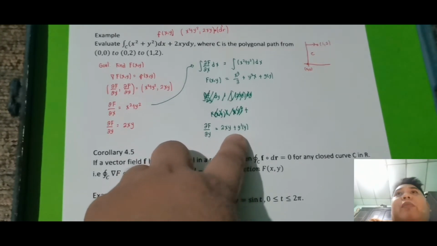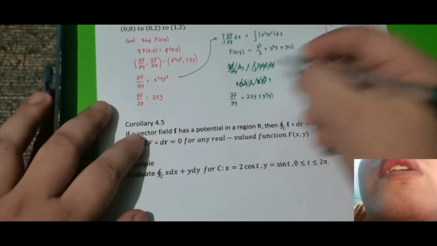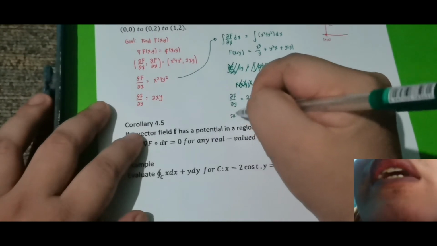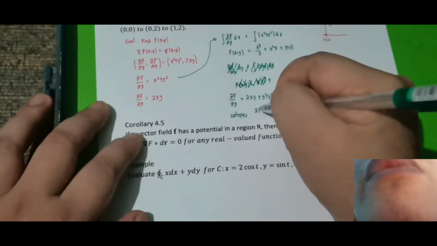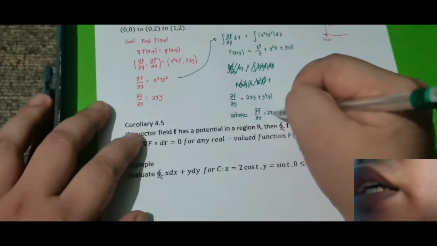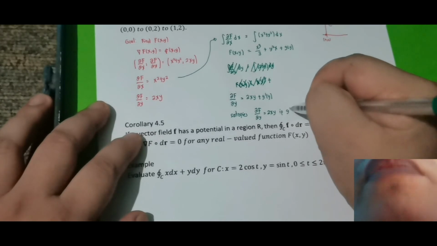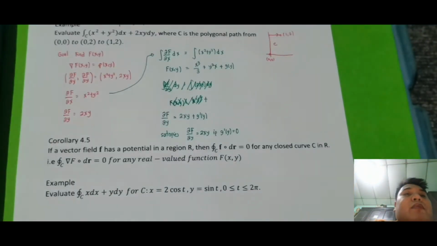So, sir, bakit g prime of y? Assume na derivative ko siya. Sinasatisfy niya yung partial derivative of f with respect sa y which is equal sa 2xy if yung g prime of y is equal to 0. Okay, so g prime of y is equal to 0.